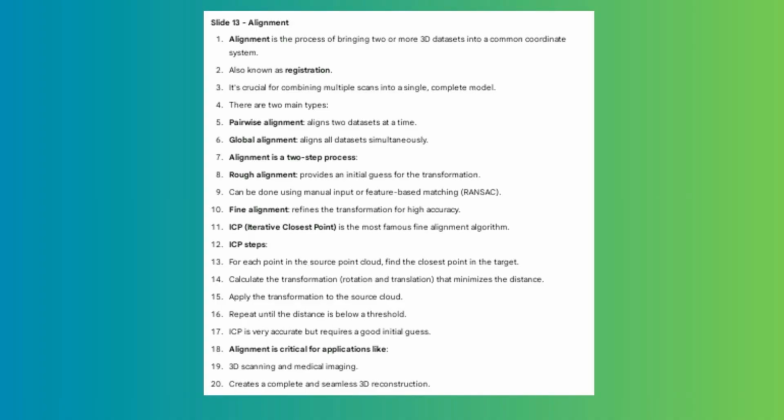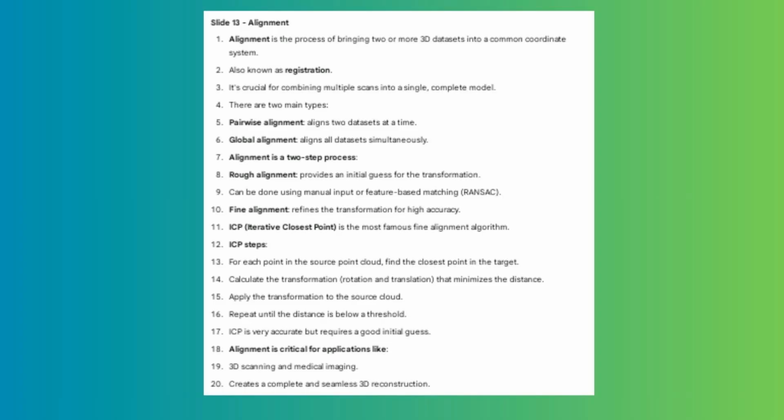This leaves us with a bunch of different 3D datasets, all in their own local coordinate systems. To create a single complete model, we need to bring all these datasets into a single common system. This process is called alignment or registration.